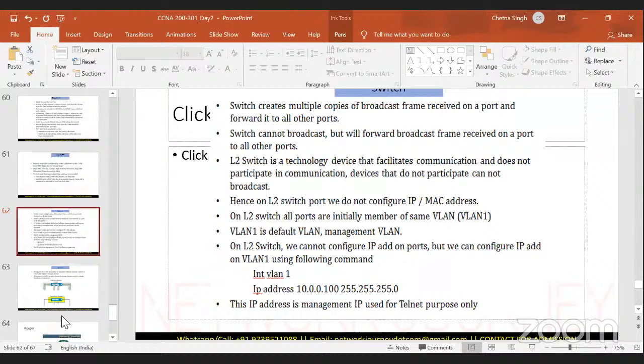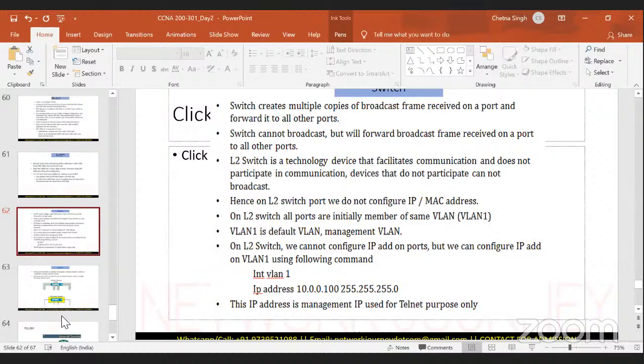I mean to say, which are the things which make the switch intelligent? Is it in terms of AI, artificial intelligence? No, the intelligence is only in terms of taking a good forwarding decision, that I know whom I have to forward to.